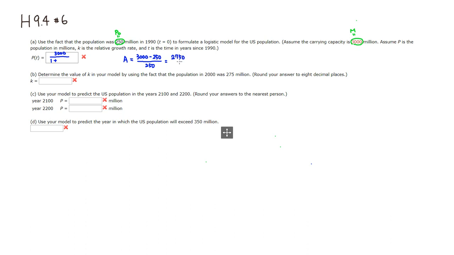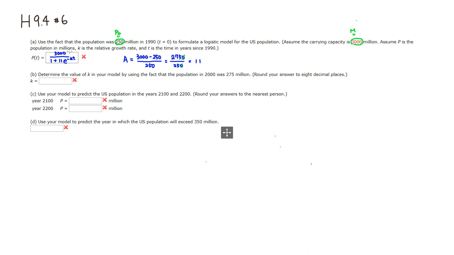We can cancel zeros, divide through by 10, and 275 over 25 is 11. So it's 11 e to the negative kt.